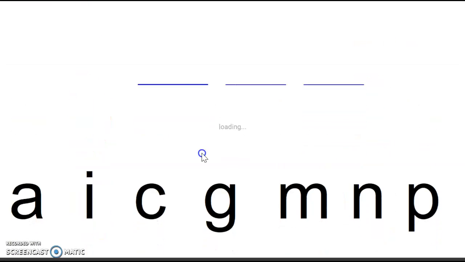Our next word has 3 letters this time. So listen carefully. Our first letter makes the sound P. Can you find the letter that makes the sound P by pointing to it? P. If you chose the letter P, you are correct. Great job.